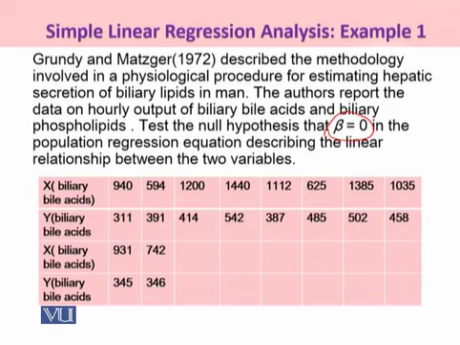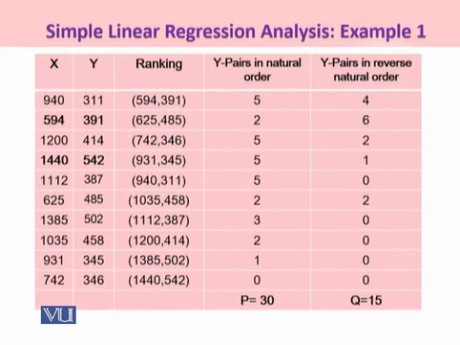So students, if your H0, beta equal to 0, is accepted, then it means your x variable is unable to predict your y variable. But if in this example the null hypothesis is rejected, then we'll assume that x is significant in predicting the y values.